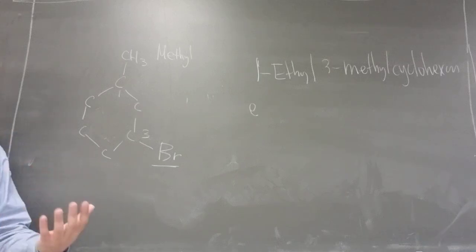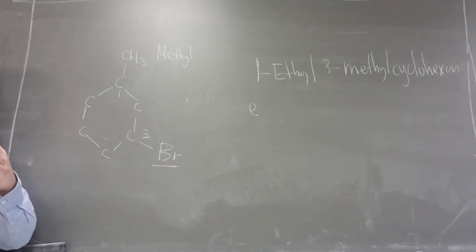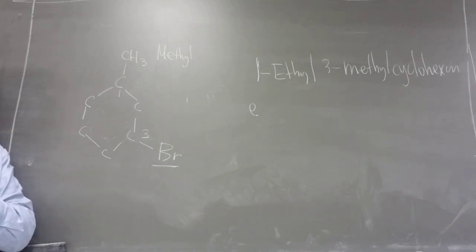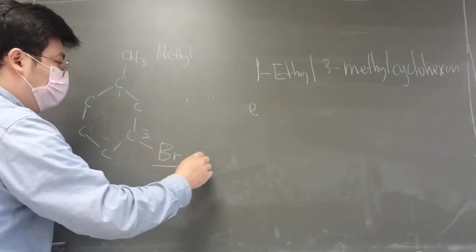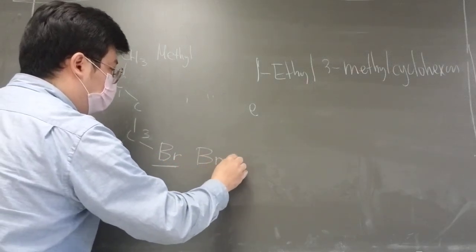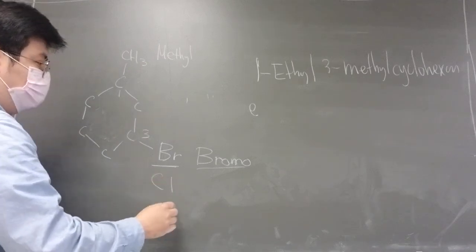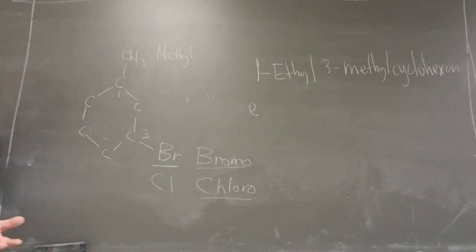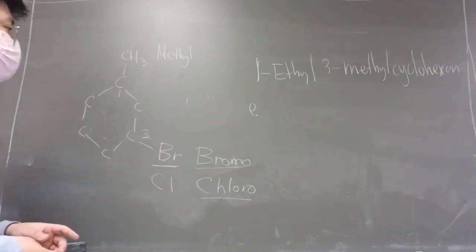To do that, we normally put the core name of that chemical element and put the locant. So this is bromine, so we're going to put bromo. This bromine, its core name is brom, so we put bromo. If you have a chlorine, you can say chloro. So we put bromo or chloro, depending on what element you have on that carbon.